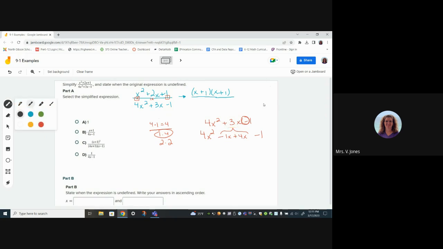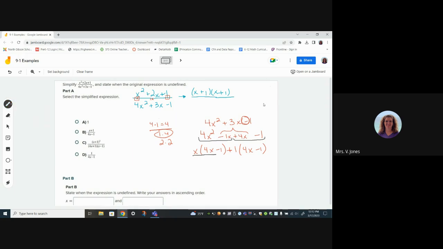So from here, when we're doing our factor by grouping, we're going to look at the first 2 terms and the last 2 terms. The first 2 terms have an x in common. If you factor those out, it leaves you 4x minus 1. Notice that the sign in the middle right here is a plus, so we're just going to factor out something positive. But when you look at these two, nothing can be divided except for 1. And when we're doing this method, we do factor out the 1, which leaves us a 4x minus 1.